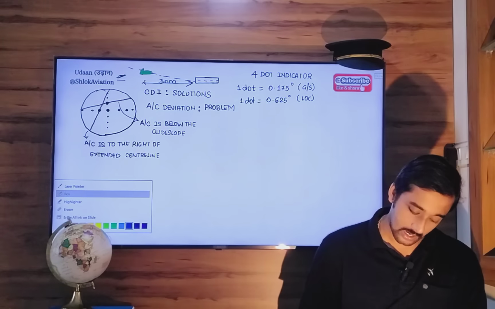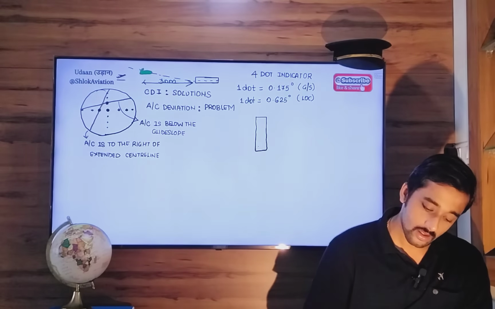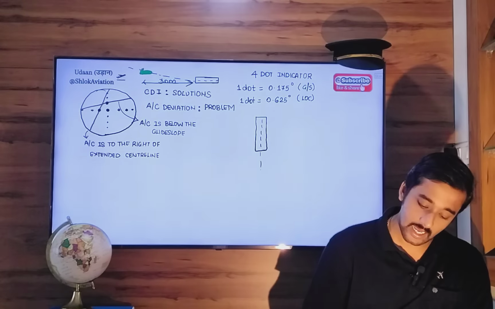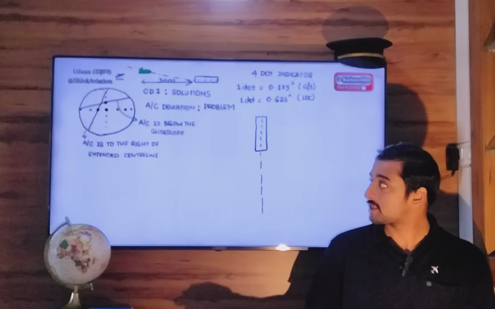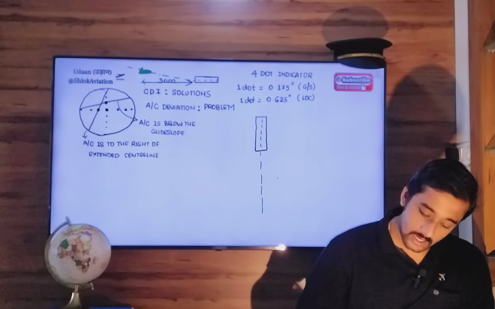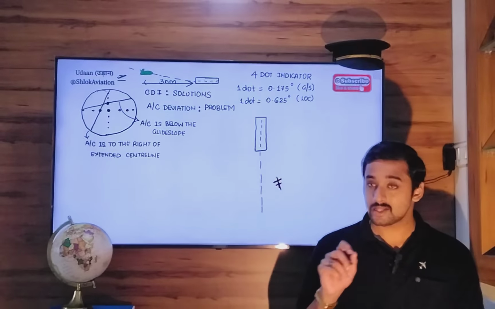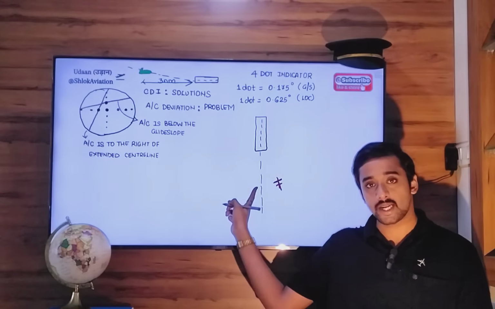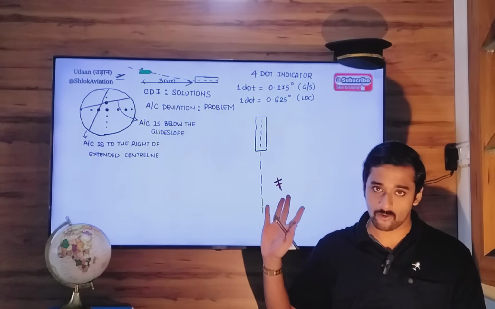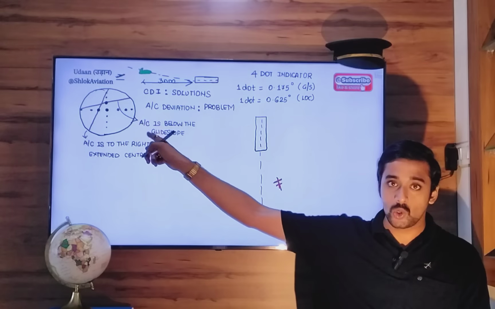The first one for localizer. So let's say this is your runway and this is the center line of that runway, extended center line. Now your aircraft is somewhere to the right of this center line. It needs to be correctly established on the extended center line, but it is to the right hand side of it, and therefore the CDI is asking the pilot to fly left, two dots left.